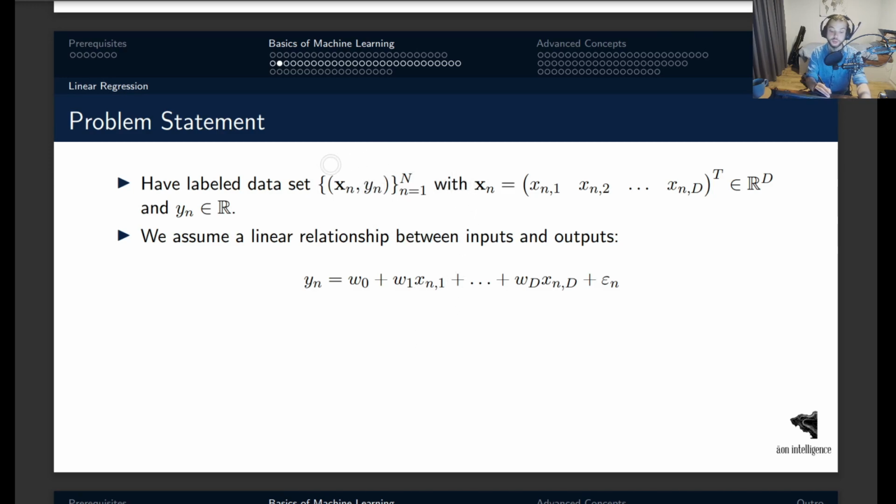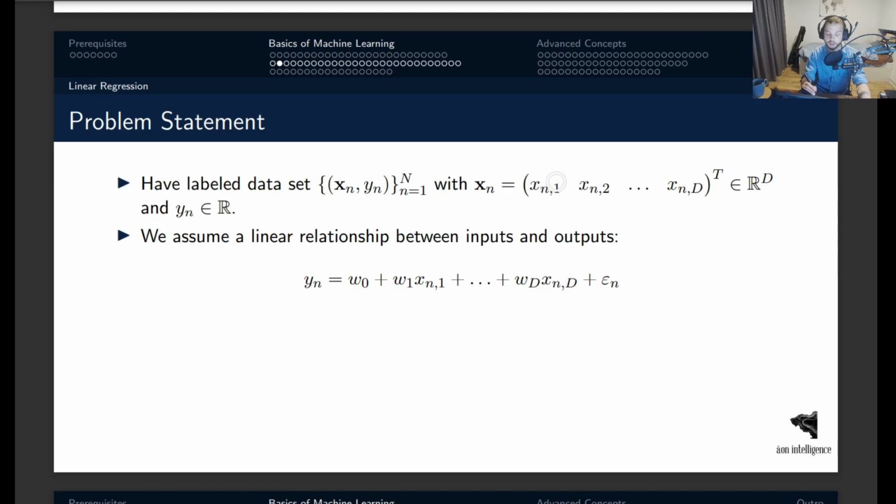Also, this time we assume our features X to be of a particular shape. So we assume them to be d-dimensional real-valued vectors, and they have the following form. So xn, the nth feature vector, is a column vector. On this slide, I denoted it as a row vector transpose, just to save some space, but actually it is a column vector.